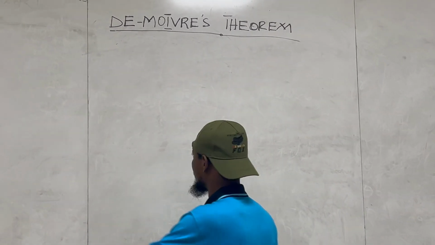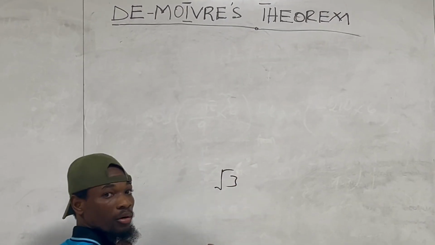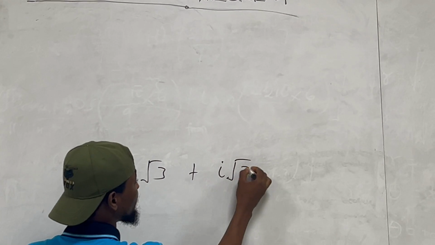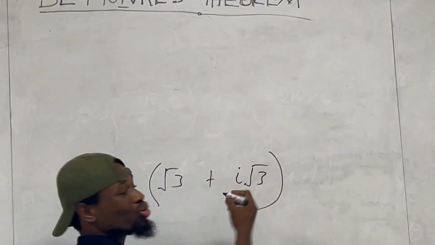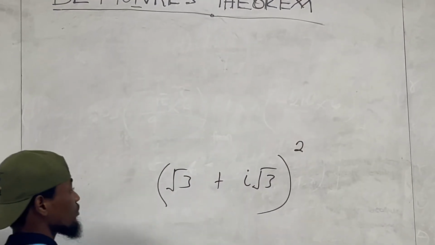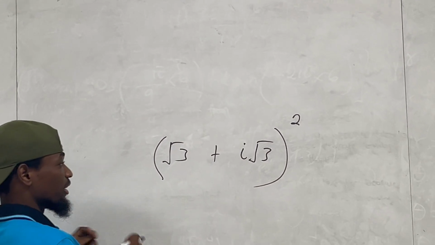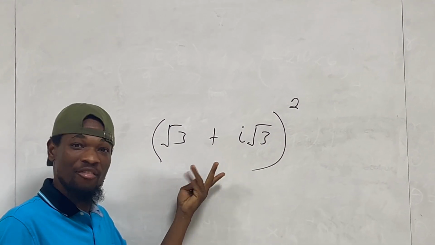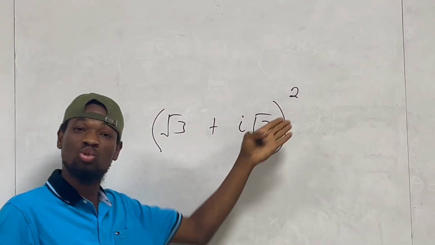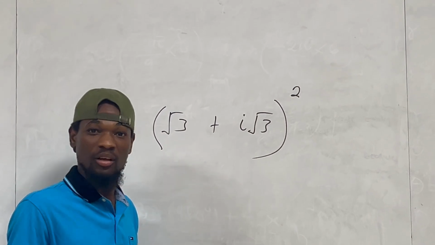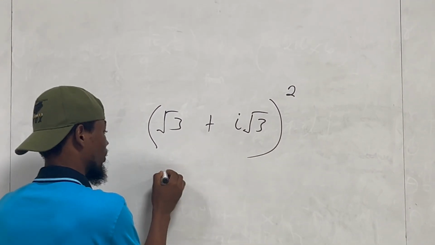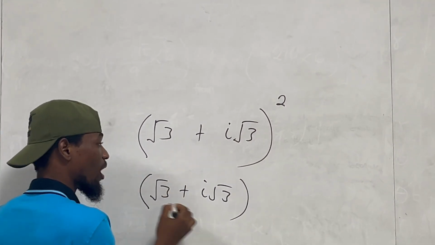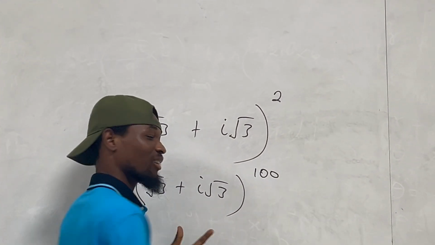So when you have, say, square root of 3 plus i, raised to the power 2, this is very easy, okay? You can decide not to employ de Moivre's theorem. But what if you have questions like this, square root of 3 plus i, raised to the power 100?